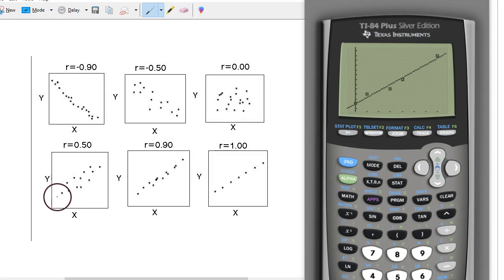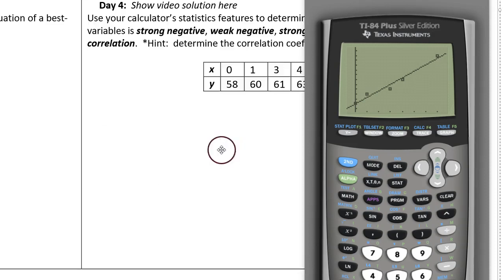The bottom left picture shows a pattern of dots that's increasing, so a best fit line would have a positive slope. But the correlation is weaker in this picture than it is in the bottom middle picture. The bottom right picture has every single dot in the scatter plot lining up perfectly on the best fit line. So the value of R, called correlation coefficient, is the maximum number possible, which is 1.